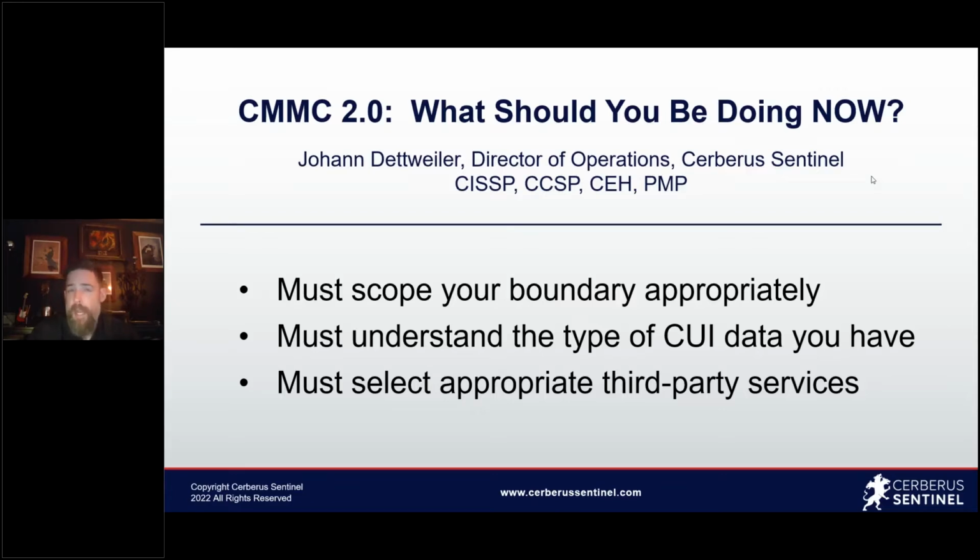Now, hand in hand with that is my second recommendation, which is that you have to understand the type of CUI data that's going to be processed within your system. There are some types of CUI data that have additional handling caveats and additional security requirements above and beyond what's talked about in CMMC 2.0. So while you may be compliant with CMMC, you may not necessarily be meeting the requirements of the data that you're processing.